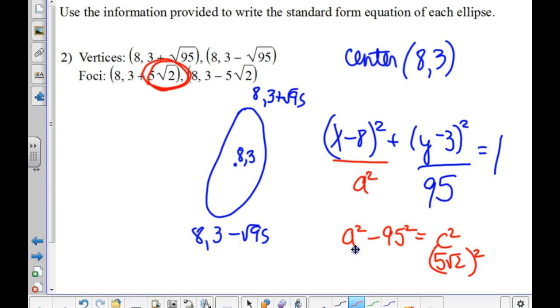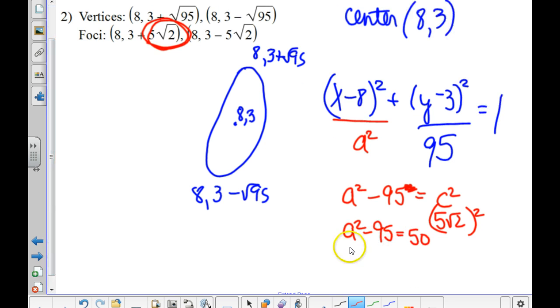Isn't that 50? Yep. Oh, if this is not 95 squared, then 95 is already squared. 50. Oh, we gotta add though, don't we, guys? So we get, that's not working for me.